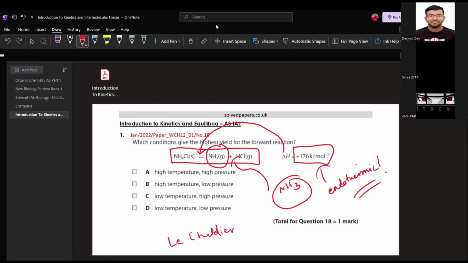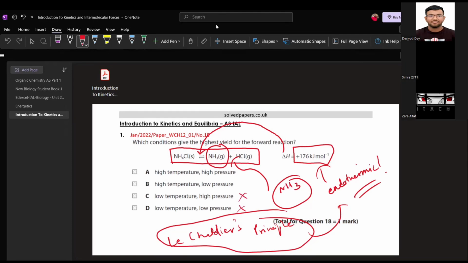According to Le-Chatelier's principle, if we increase the temperature in a reversible reaction system, the position of the equilibrium is going to be shifted towards the endothermic direction. In this case, the forward reaction is endothermic, right? So we will need to increase the temperature, because that's how we'll be able to increase our yield, as the forward reaction is endothermic.